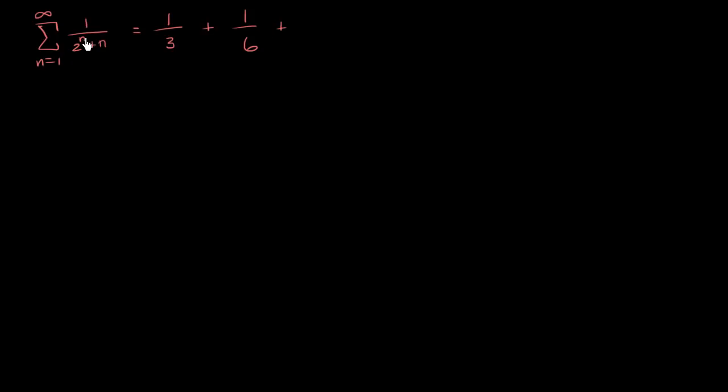When n equals 3, it's going to be 1 over 2 to the 3rd, which is 8, plus 3 is 11. So 1 over 11. Maybe I'll do one more term. 2 to the 4th power is 16, plus 4 is 20, plus 1 over 20, and obviously we just keep going on and on and on.